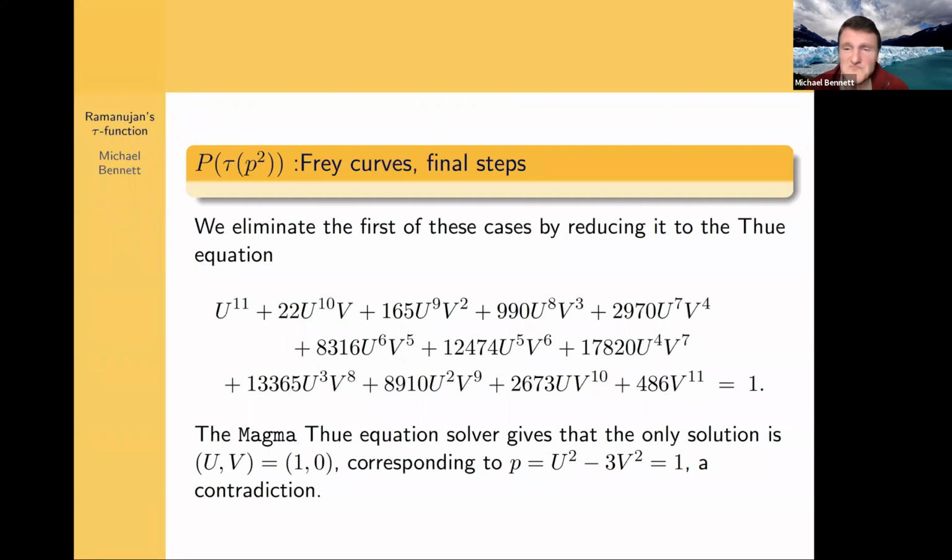It's degree 11, not that bad to work with, but the basic machinery for linear forms in complex logarithms and lattice-based reduction is suitably advanced that this is a relatively routine computation. It will take a couple of seconds to show that the only solution is with u equals 1 and v equals 0. And that corresponds, if you trace it back through stuff I didn't show you, to p equals 1, which is a contradiction. So that's the first case.